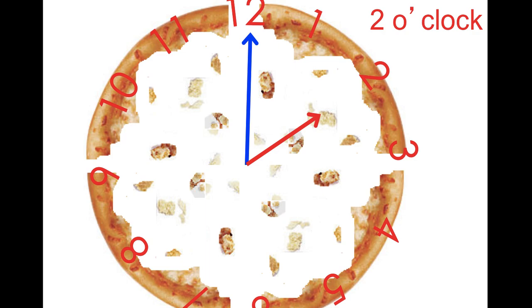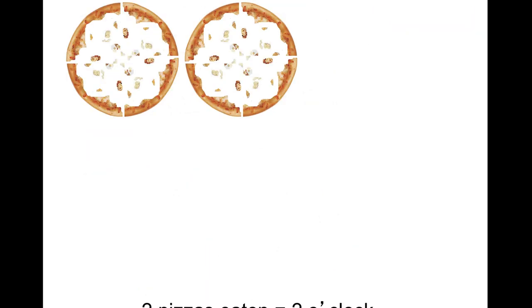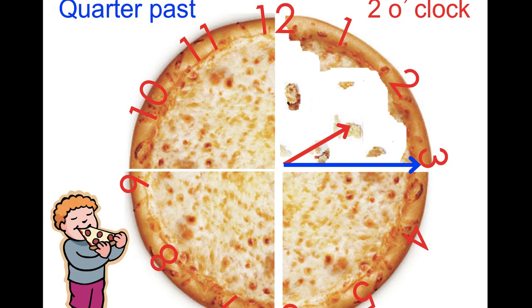Now we're going to do this for 2 o'clock. So 2 pizzas eaten, 2 o'clock. So over here, we have quarter past 2 because 1 whole quarter has passed. It is 2:15.